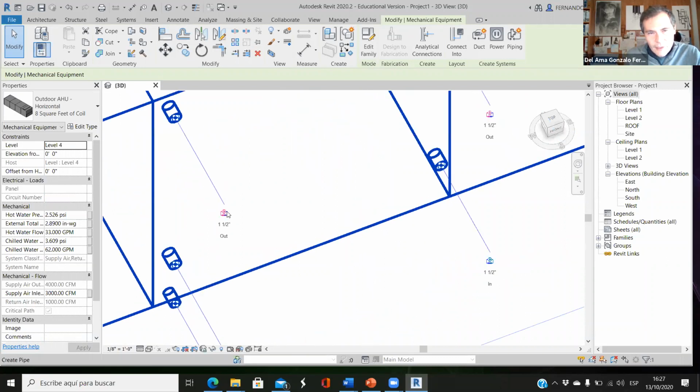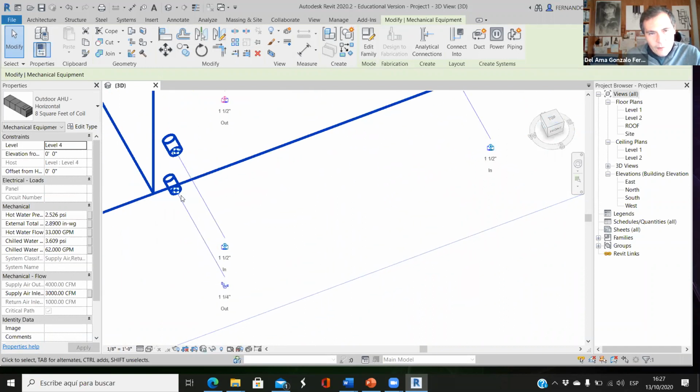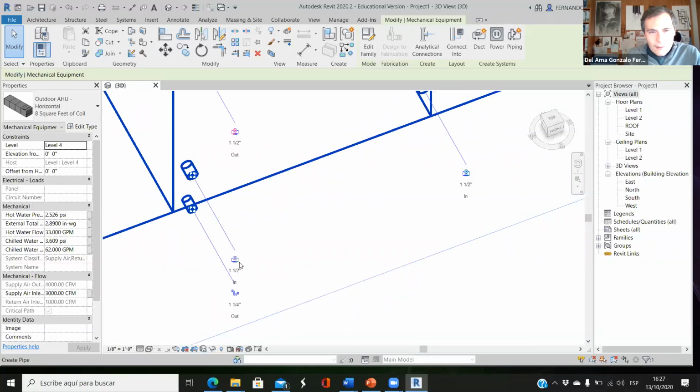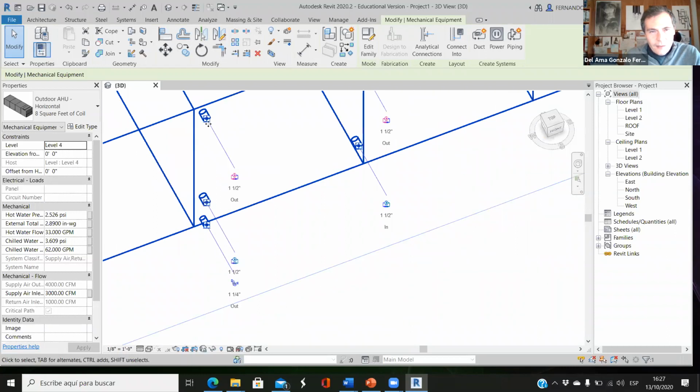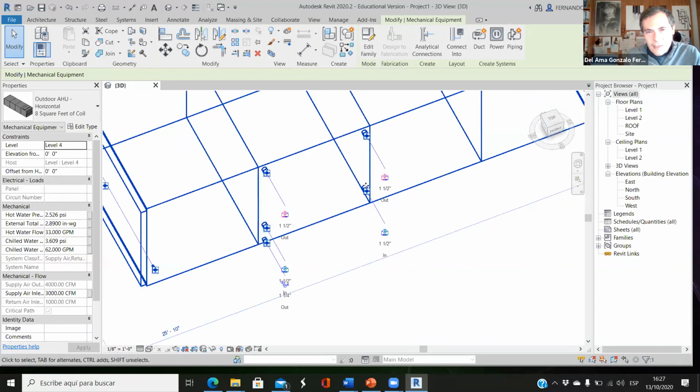If you have this symbol here, that means that this is a closed loop, but this symbol means that this is a drain, okay? So this is not a closed loop, so there's an outlet here, and we will get rid of the condensing water that we might find in the air handling unit, so we need to get rid of this water here, but we need to work with closed loops here. Okay, so this is the cooling coil, and this is the heating coil.